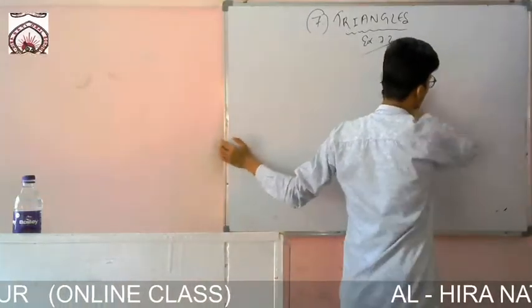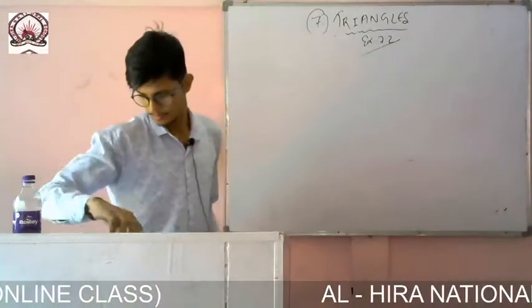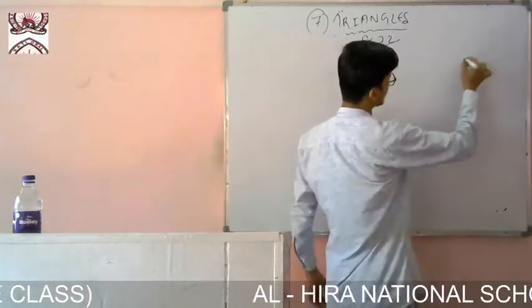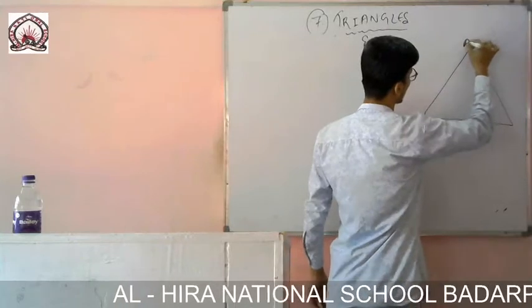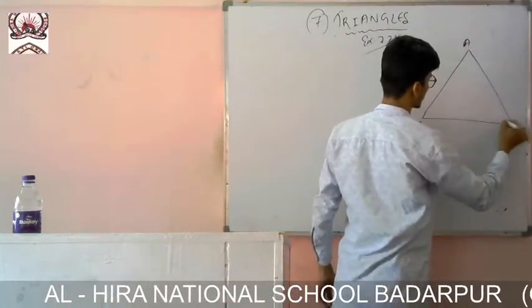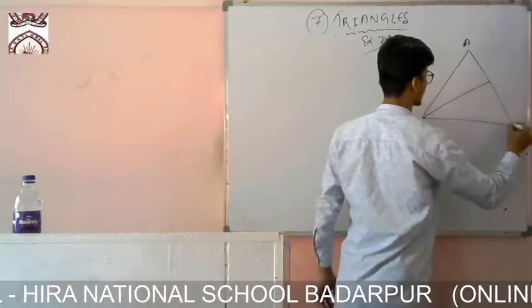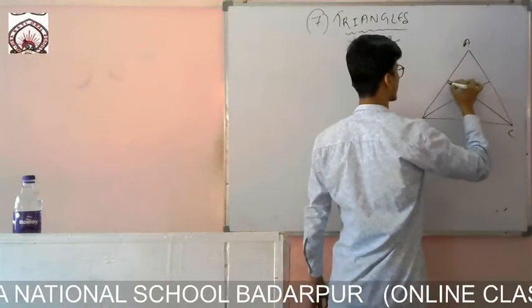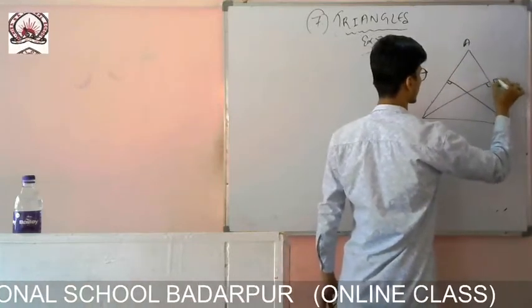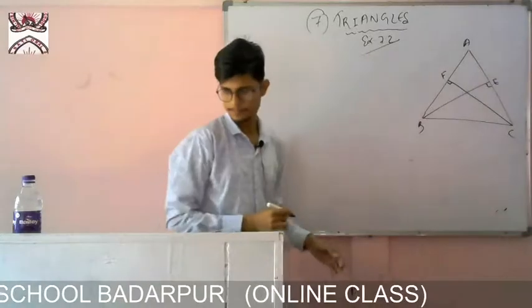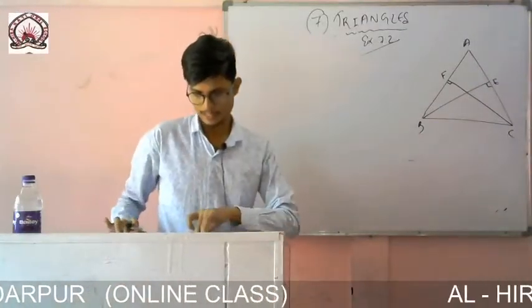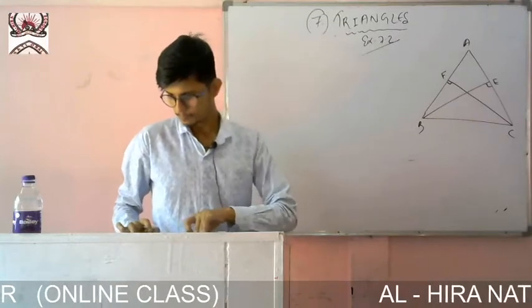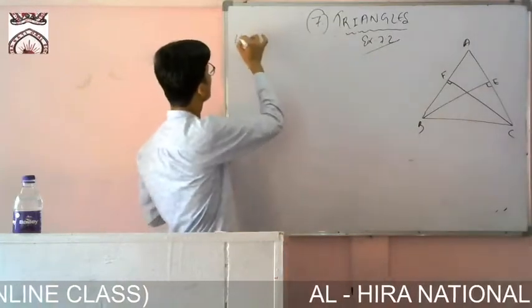Okay, let me draw it once again. It is ABC, E, F. Like earlier, I will do it in the same way, question number 4, same figure.